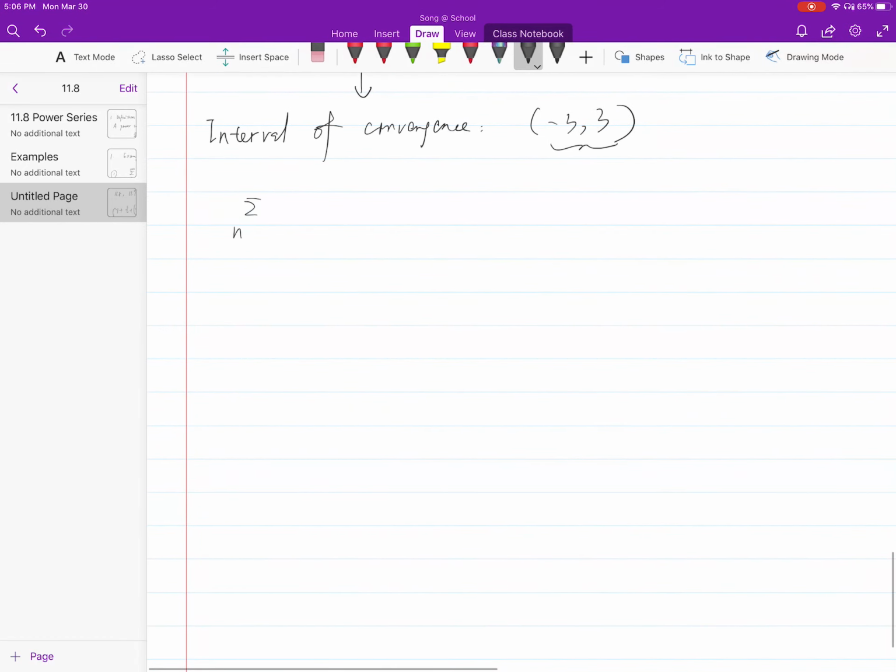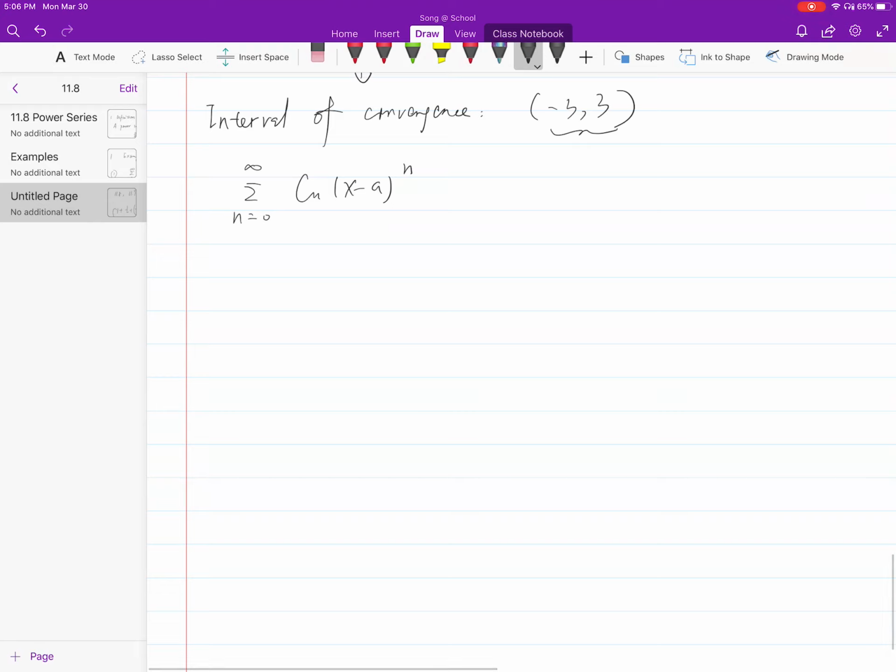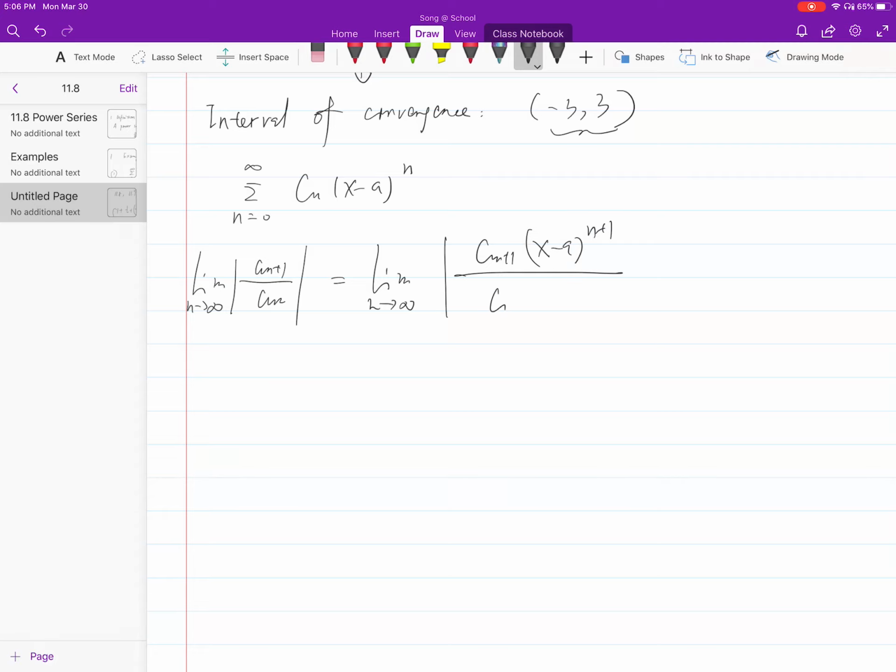Let's think about a general thing: the sum of c_n times (x minus a) to the n. Now you're trying to talk about a_{n+1} divided by a_n, the limit as n goes to infinity. This is going to give you the limit as n goes to infinity of c_{n+1} (x minus a)^{n+1} divided by c_n (x minus a)^n.